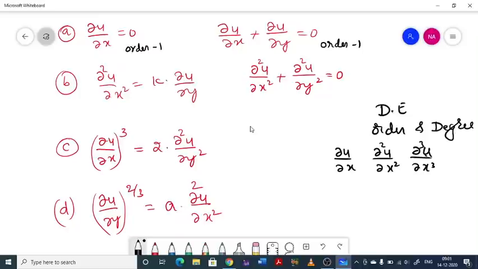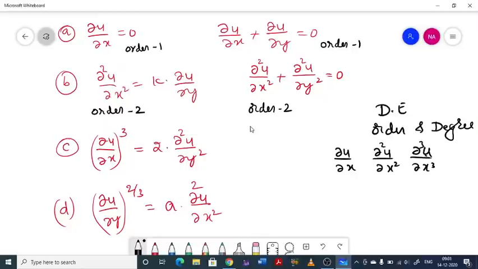Now come to this second order derivative term, whose order is 2, while this term has order 1. So the order of this whole differential equation will be the highest of those, 2. Here this term has order 2, this term has order 2. So the order of this differential equation itself will be 2.